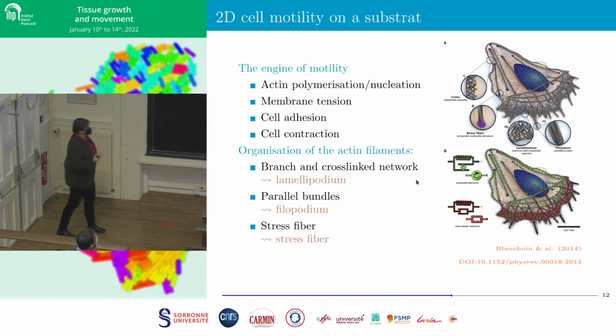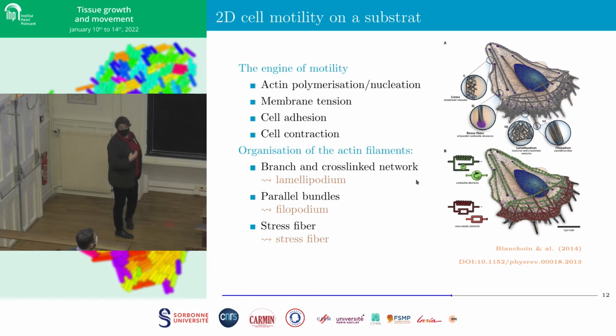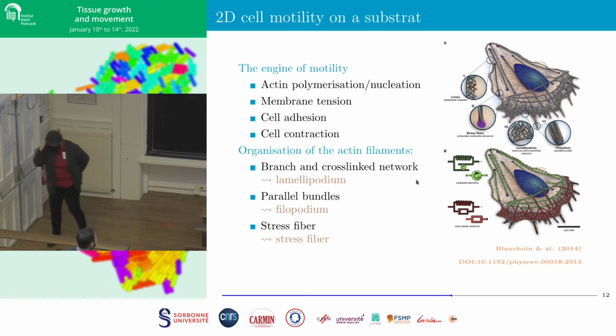So one of the main actors is the filament of actin. Filaments of actin are another part of the cytoskeleton. And we see in the cartoon from the paper of Blanchoin that the organization of actin can be different with respect to the position inside the cells.